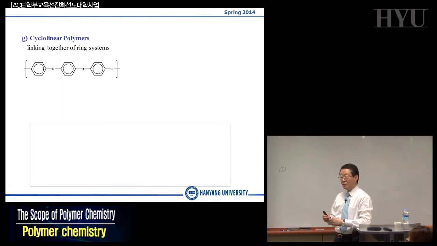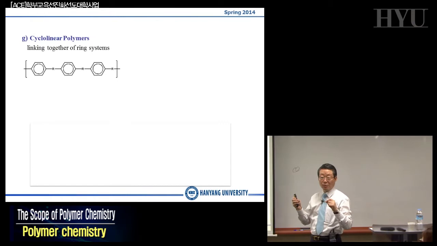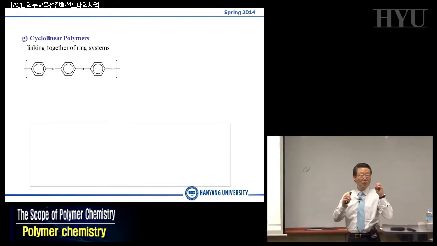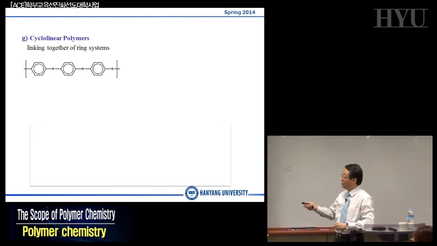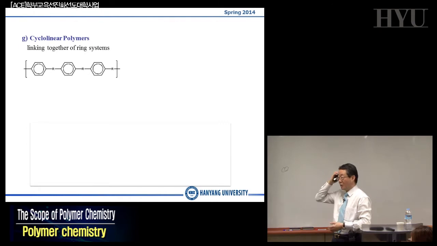This is different from polyethylene, which consists of CH2 and CH2 and so on, but because of the benzene rings, it's very strong, very difficult to dissolve and difficult to melt because of the nature of benzene, which is very flat, and you can pack it very densely. So it's what we call a cyclolinear polymer.